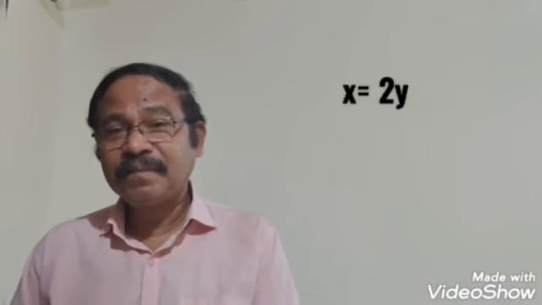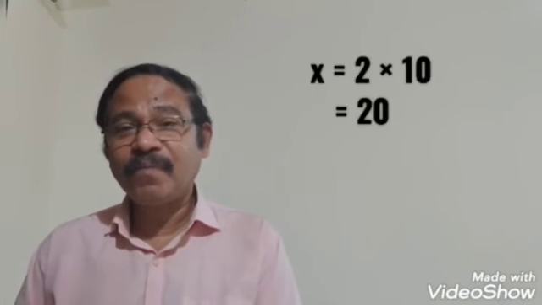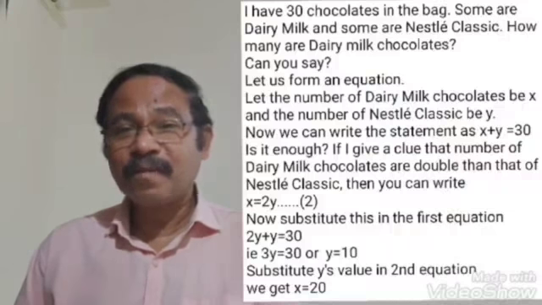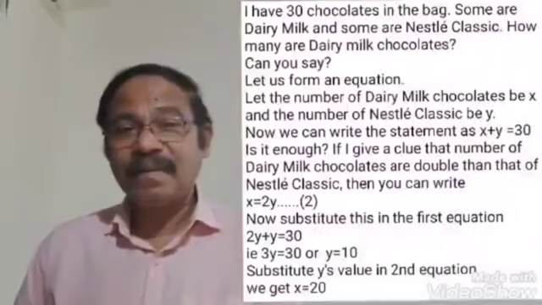Substitute that value in the second equation, x is equal to 2y. So, x is equal to 2 into 10, 20. That means the number of Dairy Milk is 20. So, the solution is the number of Dairy Milk is 20 and the number of Nestle Classic is 10. That is why we can solve the puzzle.